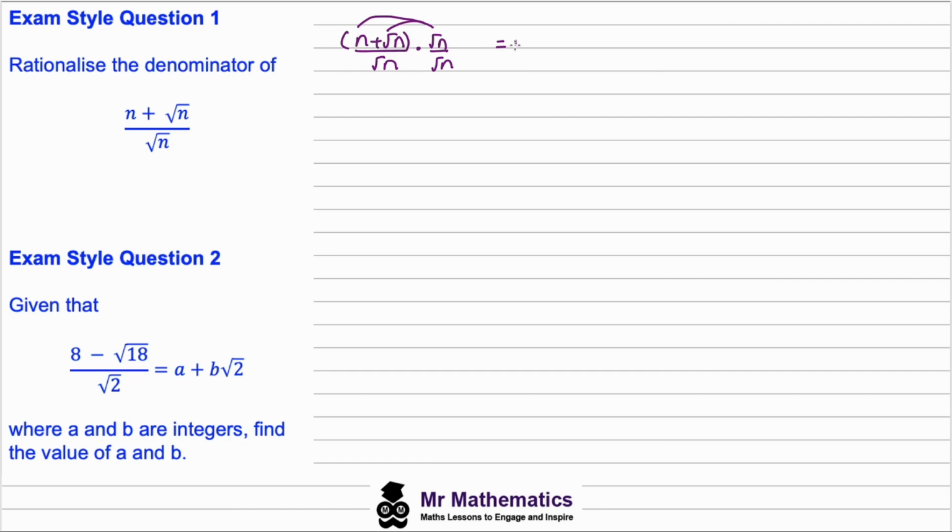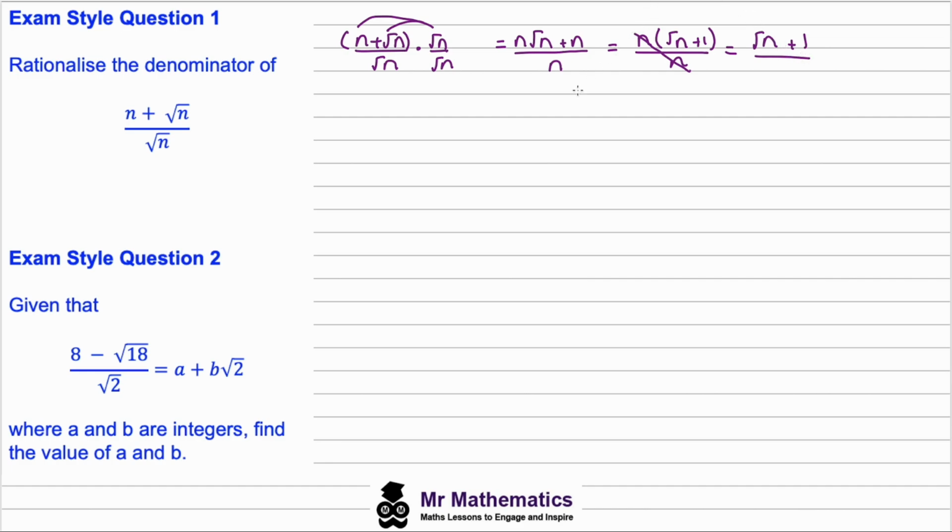So now we've got n root n, which is this term, and then the root n squared, so just n, over root n squared. And then we can factor our numerator. We can take the n out. So we've got root n plus 1 over n. These two will cancel. So we've got the square root of n plus 1. Okay?